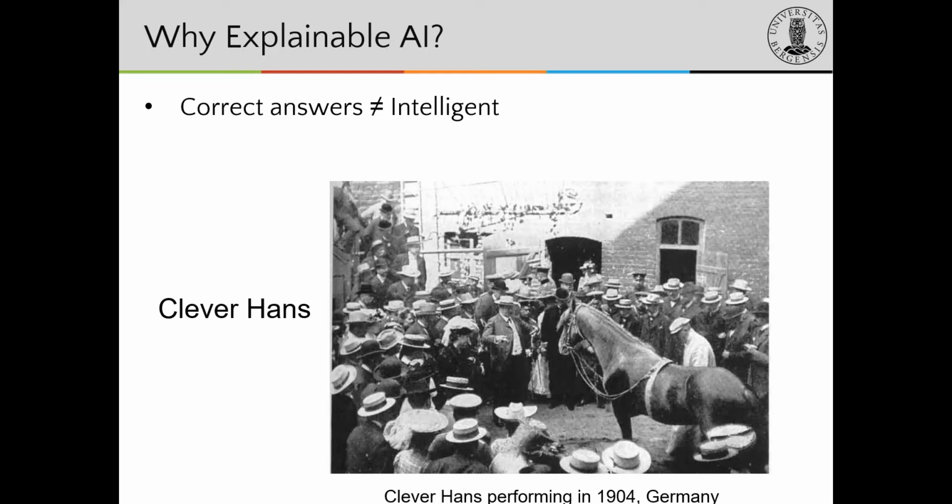But afterwards people found that if there were no people around, the horse couldn't figure out the calculation. The reason behind it is that the horse watched people's facial reactions to do the calculation instead of understanding the meaning behind it. So this is an interesting story.